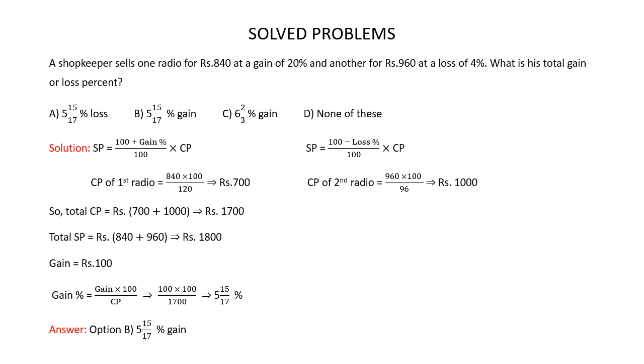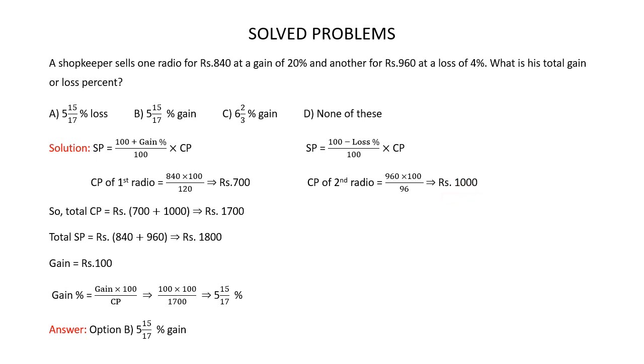And on substituting these values in the formula here, we can easily calculate the cost price of the second radio. So cost price of the second radio is equal to 960 multiplied by 100 divided by 100 minus 4, which is 96. On solving this, we get cost price of the second radio as rupees 1000.